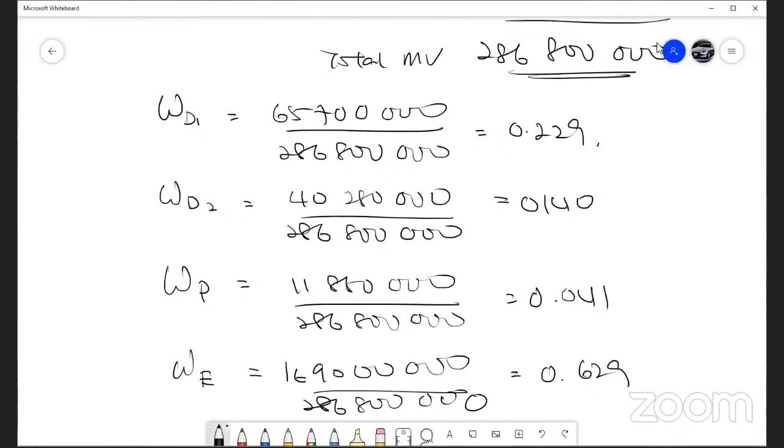So this is not accurate. It's supposed to be 4 decimal points, but I only put 3 here, because it's given from my calculator. We can make it more accurate. This one should be 0.6287.